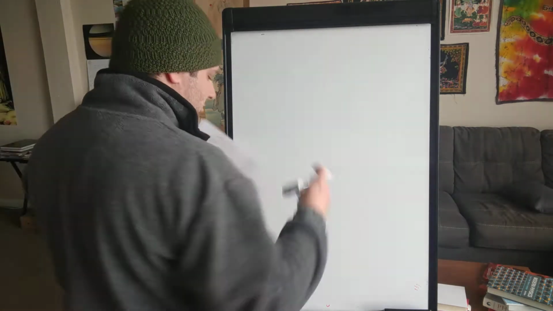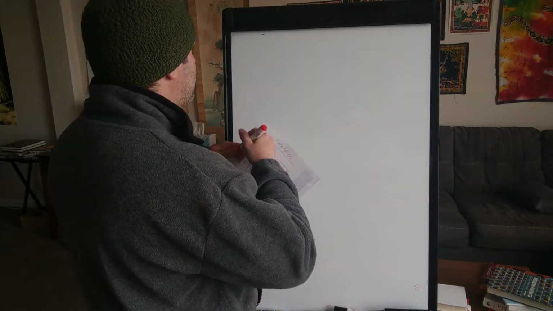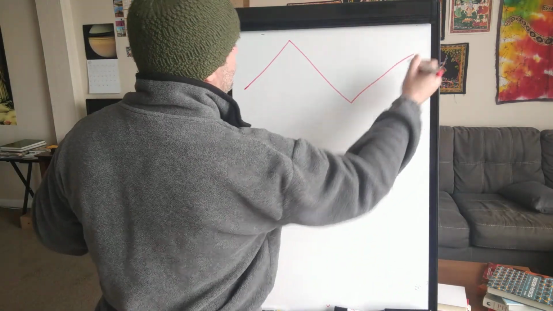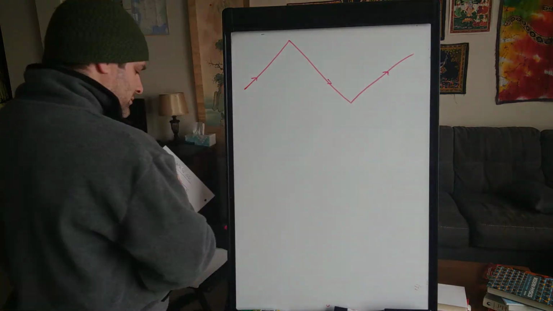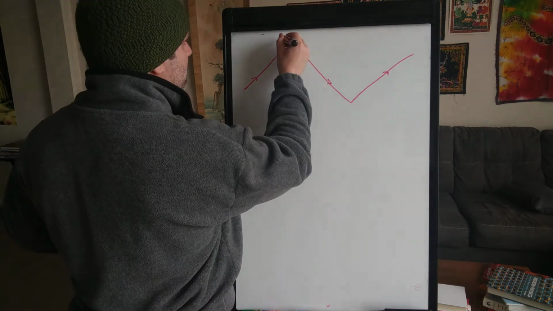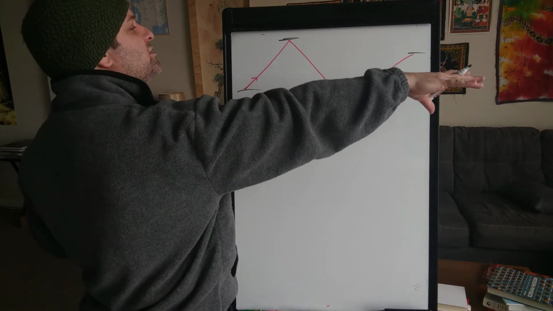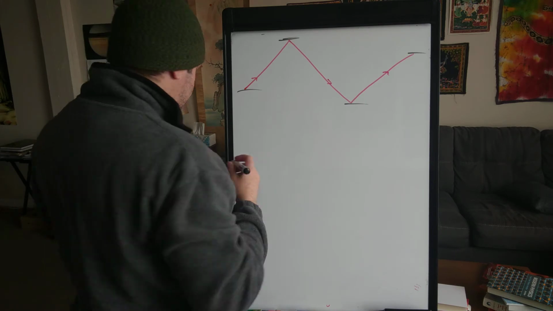So what does the geometry of this look like? Well, I'll draw it in red. You've got that light pulse bouncing back and forth between those 2 mirrors as the ship travels through space perpendicular to the direction of the light clock.